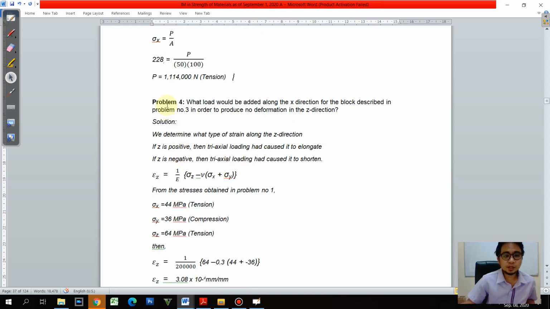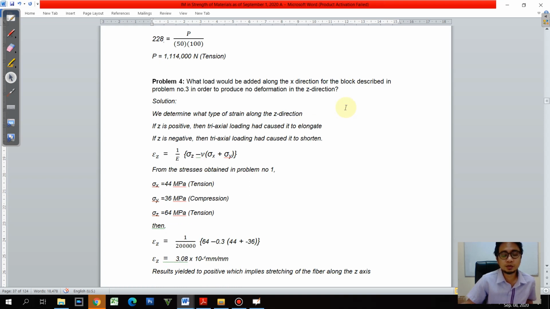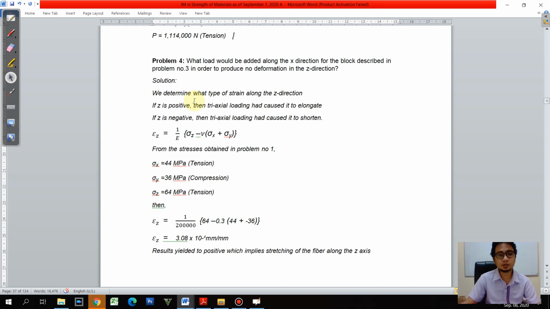So for number 4, it is just a follow-up question. Under number 3, what load would be added along the x direction for the block described in problem number 3 in order to produce no deformation in the z direction? When we say no deformation, the strain is 0, because strain involves the deformation divided by a length. If the deformation is 0 divided by a certain length, that is still 0.